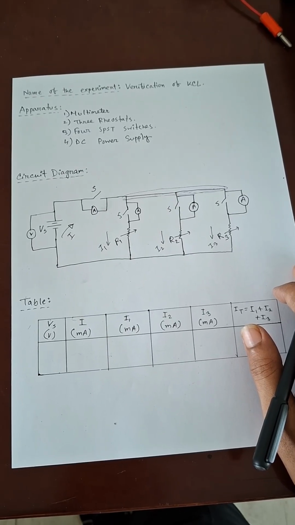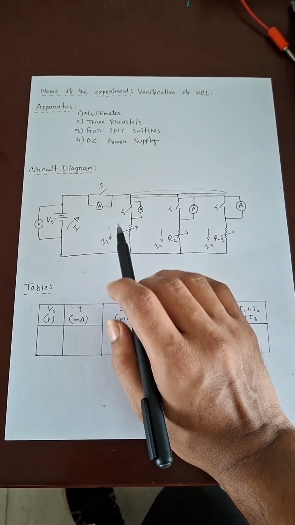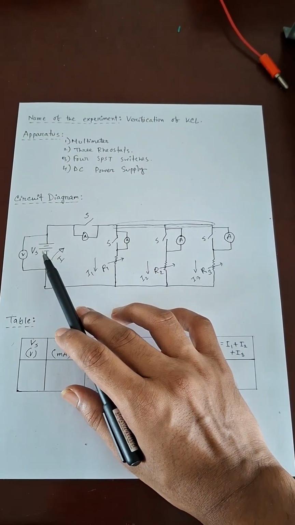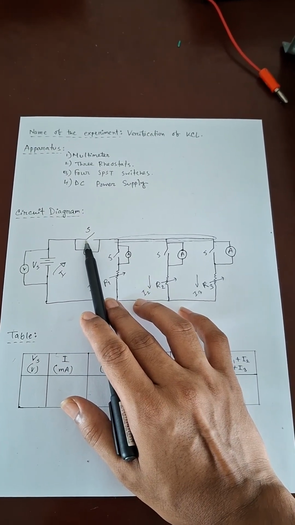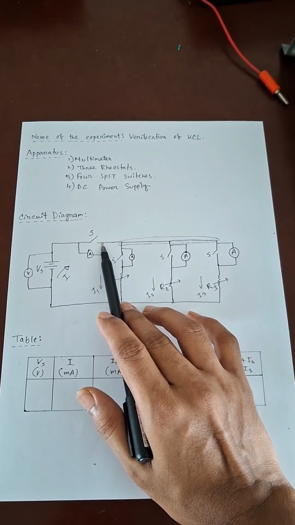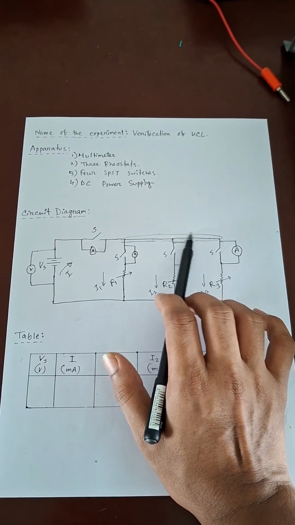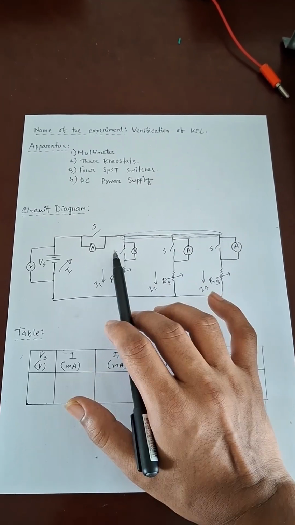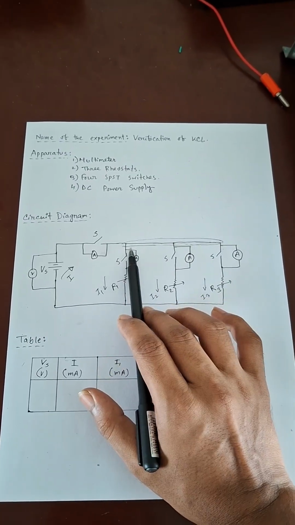Now let's get into the circuit diagram. What we see here is a voltage source. The positive terminal of the voltage source is connected to the pole of an SPST switch, and then the throw of that SPST switch is connected to 3 more switches at one common node. So we get 3 parallel switches, with all the poles connected to one point.